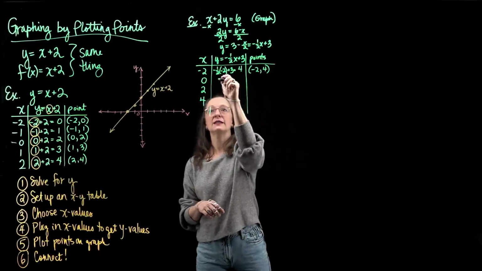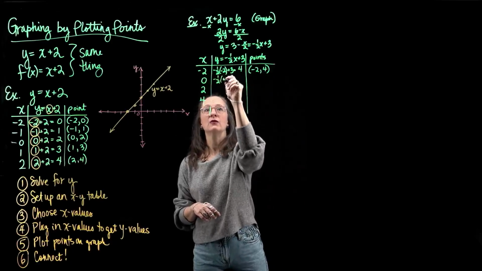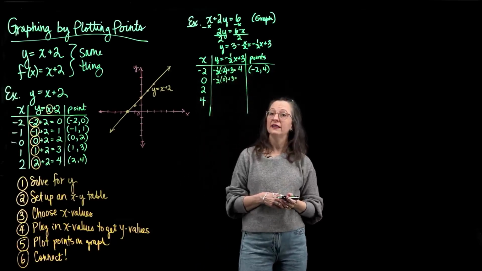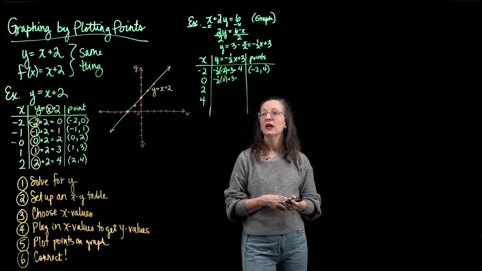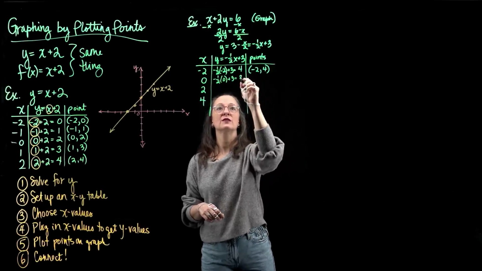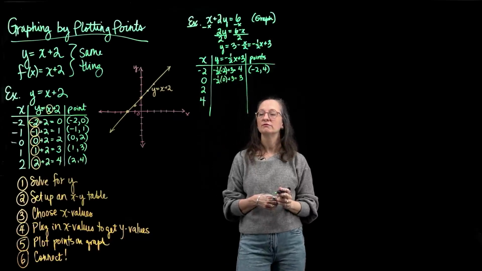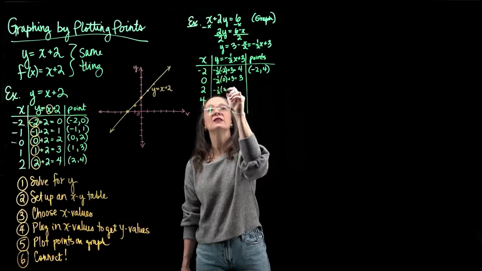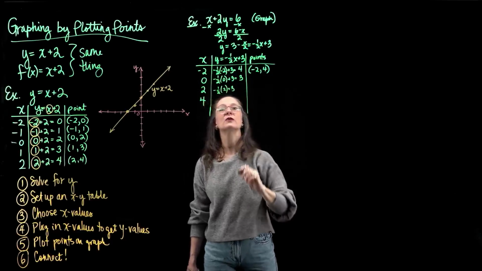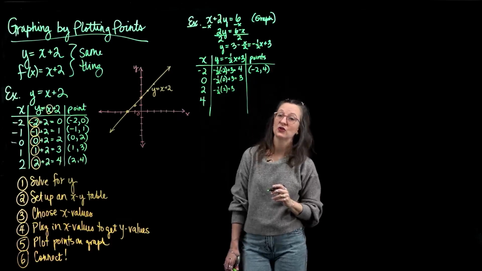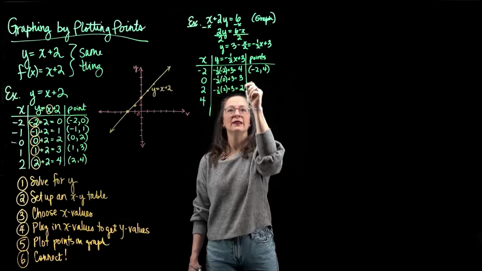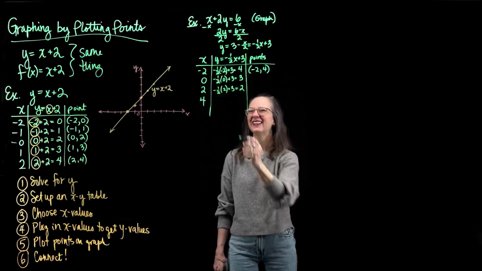All right, let's plug in x equals 0. Negative 1/2 times 0 plus 3. Well, anything times 0 is 0, and 0 plus 3 is just 3. When x is 2, I have negative 1/2 times 2 plus 3. Negative 1/2 times 2 is negative 1. Negative 1 plus 3 is just 2. I think we see a pattern happening here.